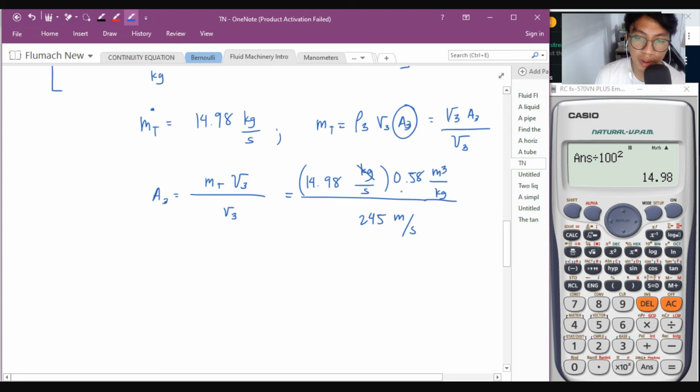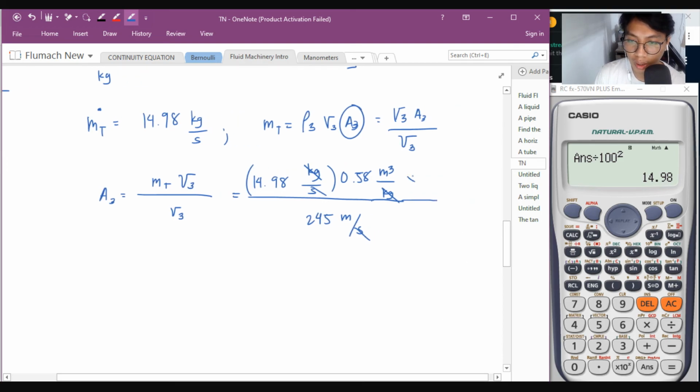So, cancel yung kilogram, cancel yung kilogram, cancel yung seconds, seconds. Dapat makancel yung meter. You have yung kanyang conversion factor na 100 cm squared divided by 1 meter squared. Cancel all the same units. Ang natira is cm squared. Ayun na, pwede na nating isolve.